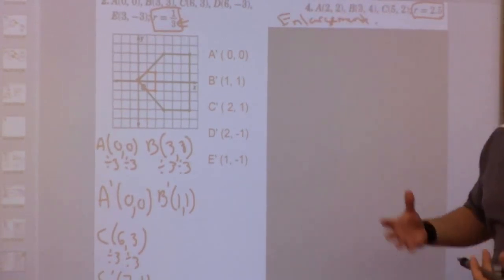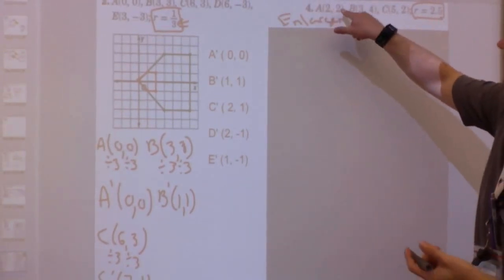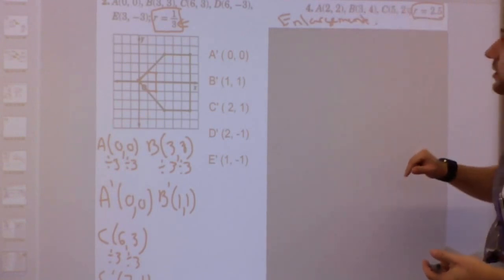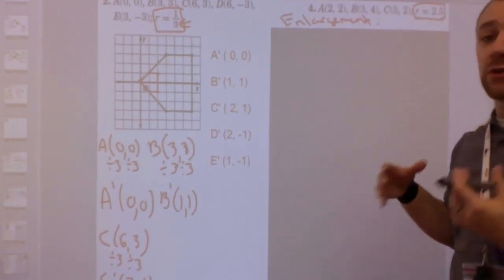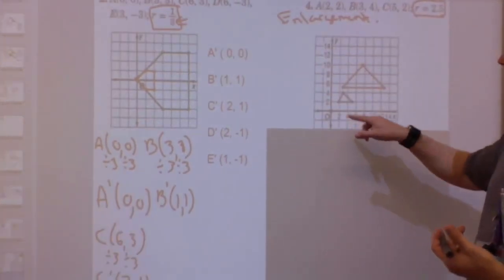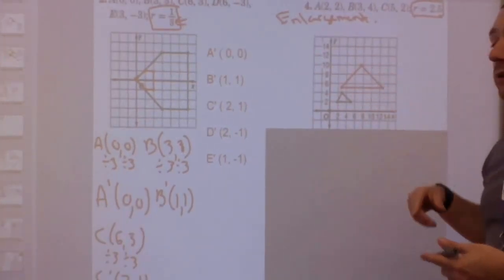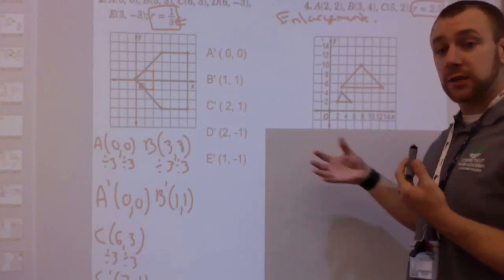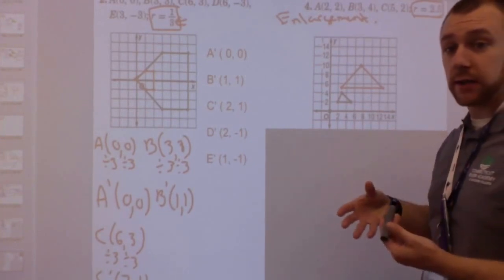And all I do is take 2.5 and multiply each one of these coordinates, and I create a new triangle that is going to be bigger. So I'll give you the picture of it. It's going to look like this. You're going to have to estimate, but I want you to find the new coordinates for practice.